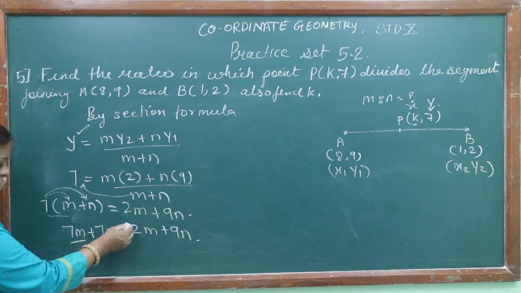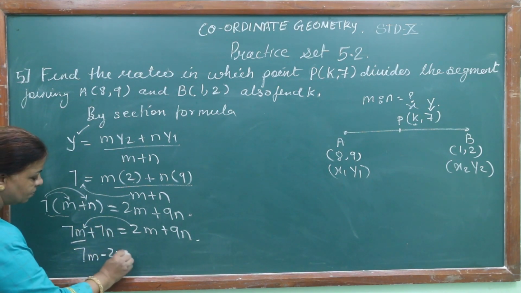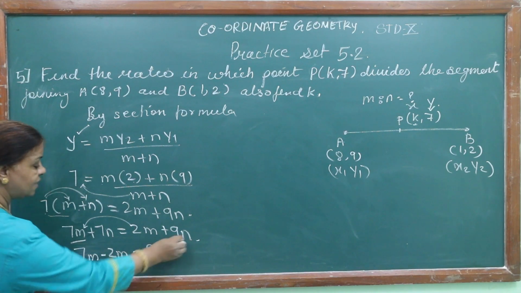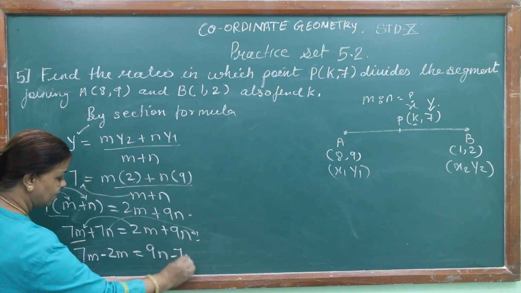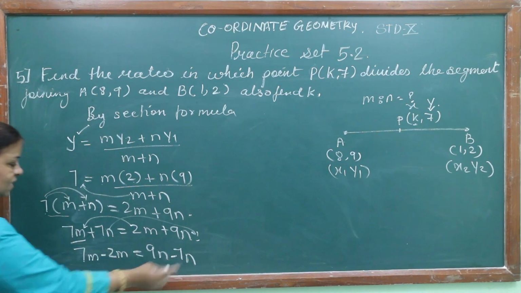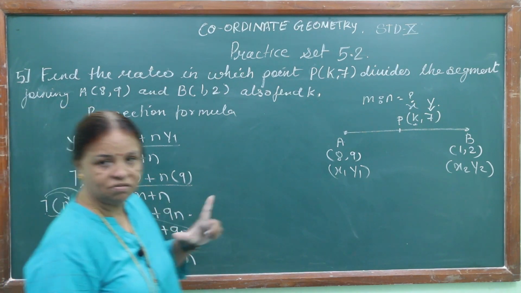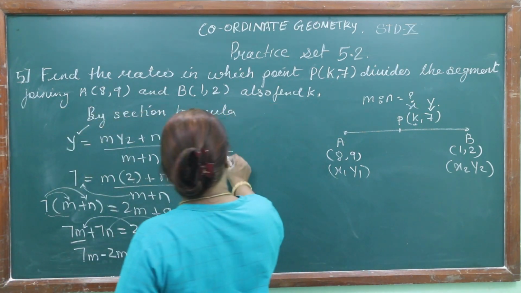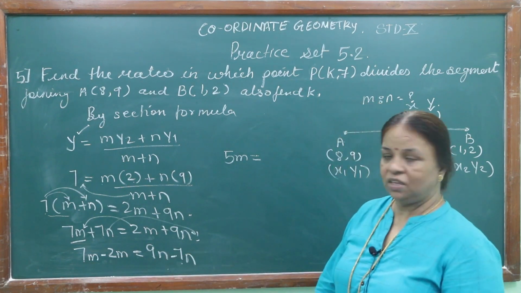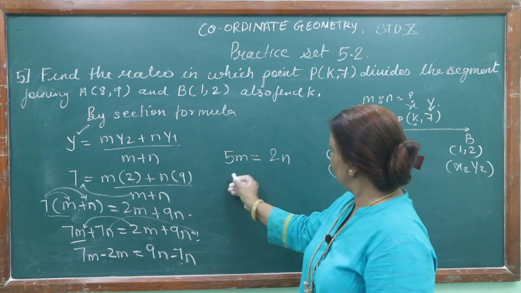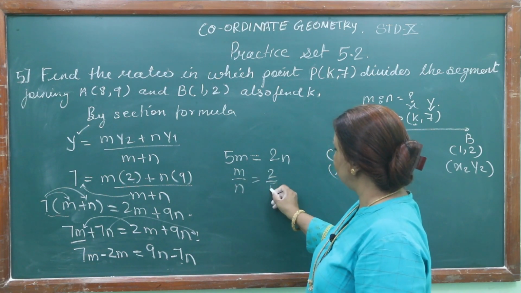This is 7m, so 2m will come here: 7m minus 2m. 9n is already there, so 7n I will shift here, minus 7n, because it is plus, it will become minus. 7m minus 2m is 5m. So 5m is equal to 9 minus 7, that is 2n. So we will get m upon n is equal to 2 upon 5.